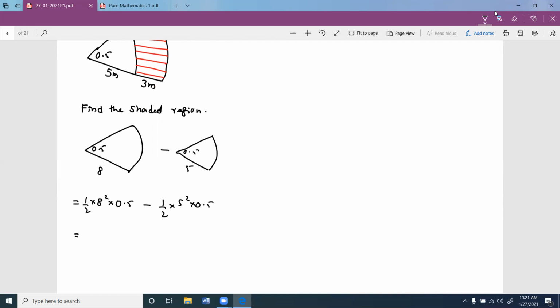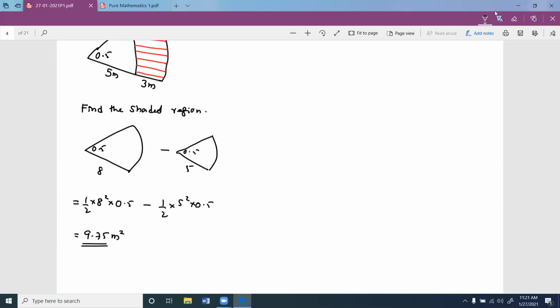That is 9.75. 9.75 is the total area over here in m squared, right?